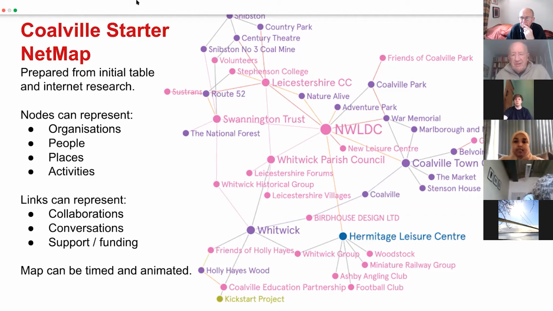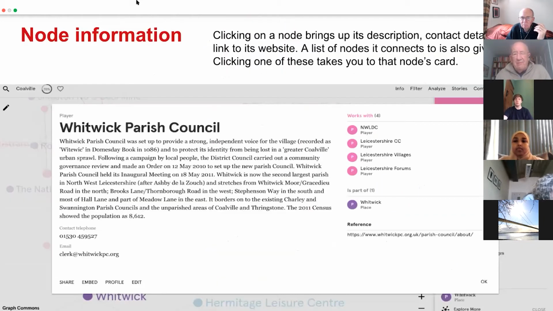Can we move on to the next slide, David? I'll show you what I mean by that. Every node has a card which gives basic information about the organization. In this case, we also post telephone numbers and email addresses.